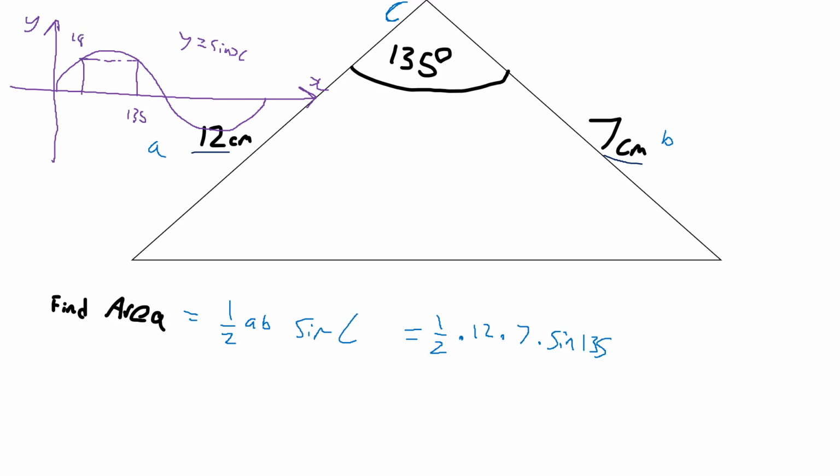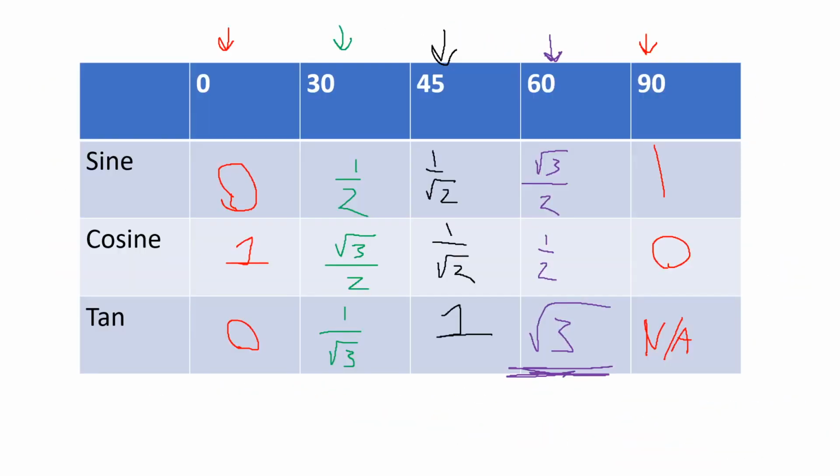Exactly, 180 minus 135, which is 45. So sine 135 is equal to sine 45. And we have what sine 45 is equal to. Sine 45 is equal to 1 over root 2. I circled the cos one because it's the same, but it's 1 over root 2.